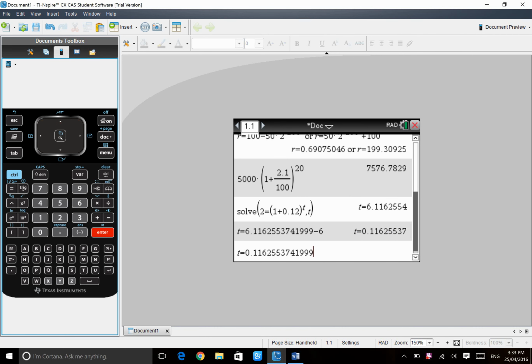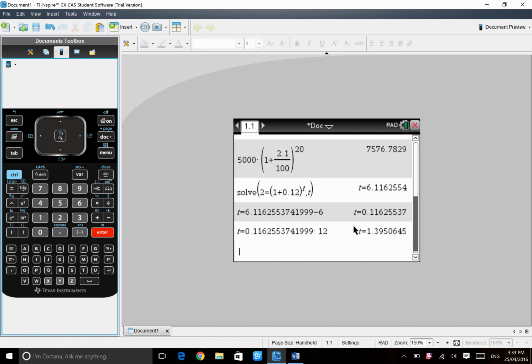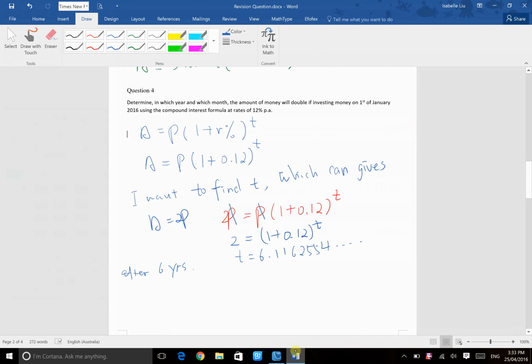And I times this decimal by 12 because a year equals 12 months. I want to see 0.11 year equals how many months? And that equals 1.39 months. So it's about 1.4 months.